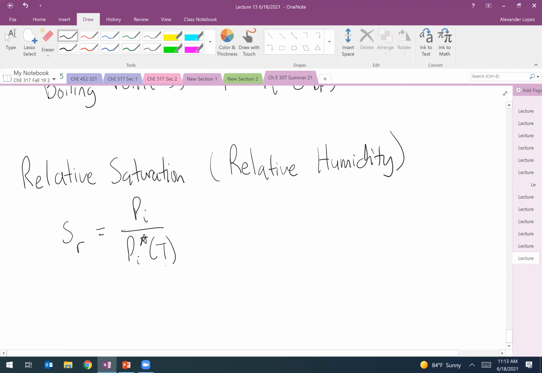So when we're looking at Raoult's law, the relative saturation is really 100%. And for all other values of saturation, we're looking at a relation. So if I say, what's the relative humidity of water and air today? It's essentially a measure of the amount of water vapor that exists in the air compared to what would exist at saturation.